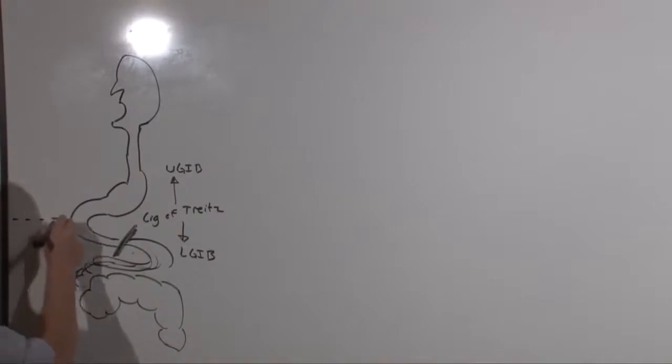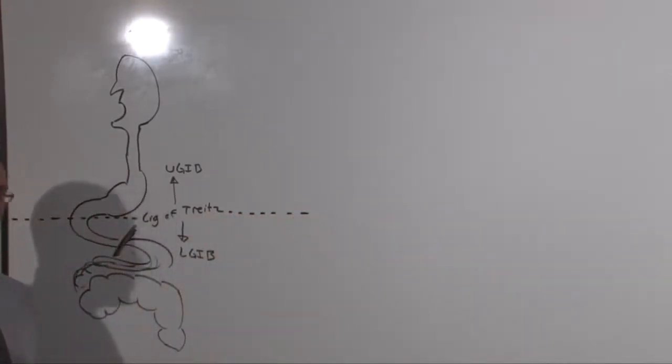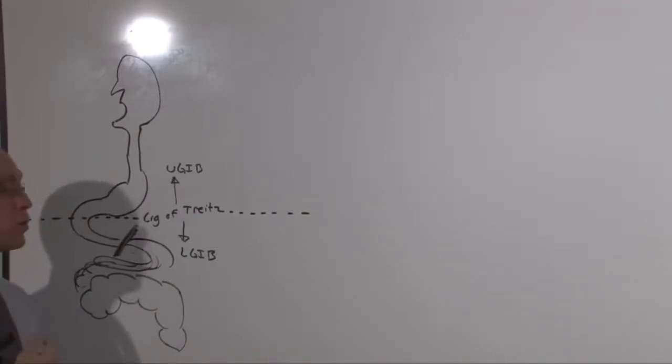There is an association with where the bleed is coming from that most likely defines the source of GI bleed as upper or lower.